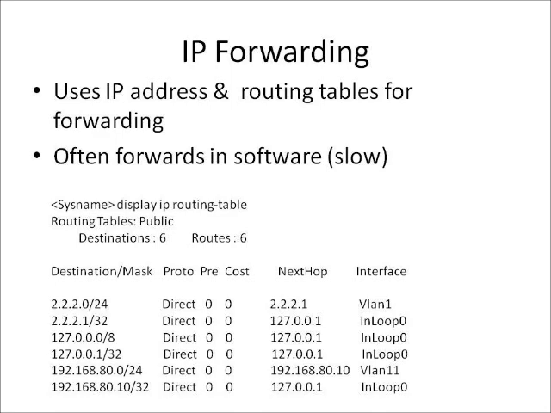A layer 3 switch or router moves packets from one port to another based upon the IP address only. Similar in function to a switch, if you think about it that way: a switch receives a frame, looks at the destination, and figures out what port to forward that frame out to, but based only on Ethernet MAC address, which is local.